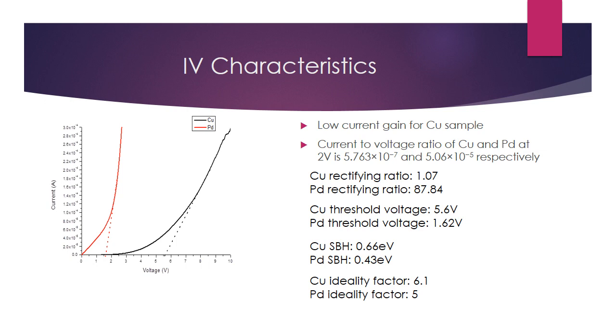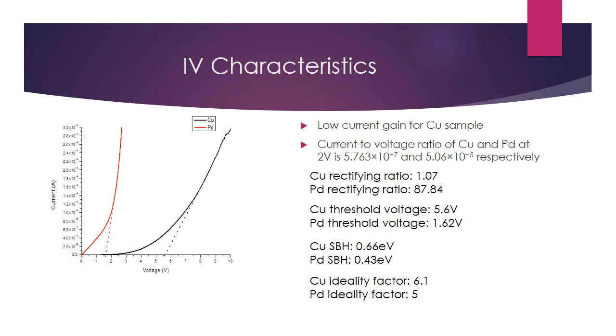The copper threshold voltage is 5.6 volts, while the palladium threshold voltage is 1.62 volts. The copper Schottky barrier height is 0.66 electron volts, while the palladium Schottky barrier height is 0.43 electron volts. And finally, the copper ideality factor is 6.1, while the palladium ideality factor is 5.